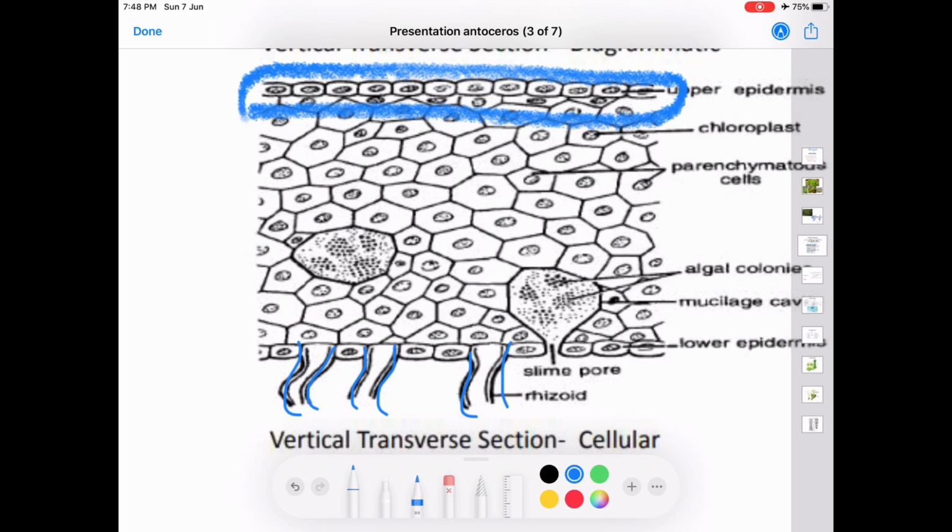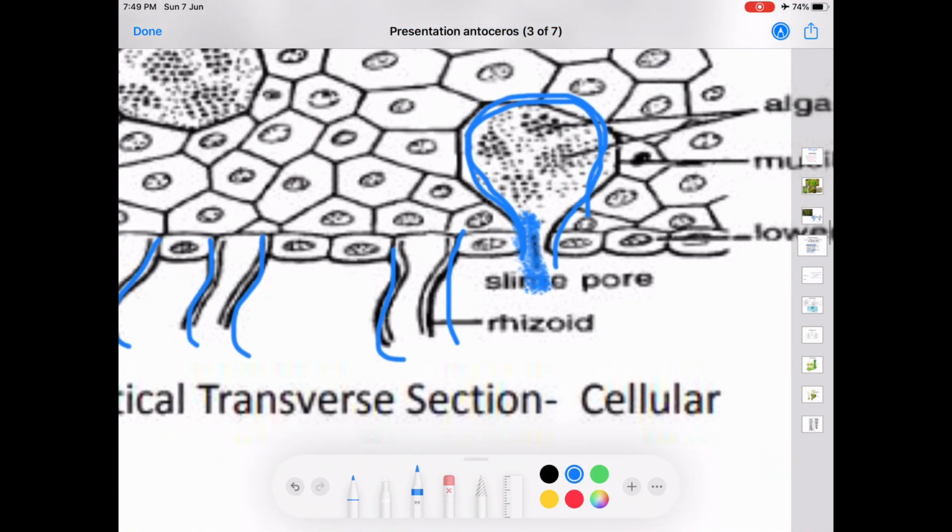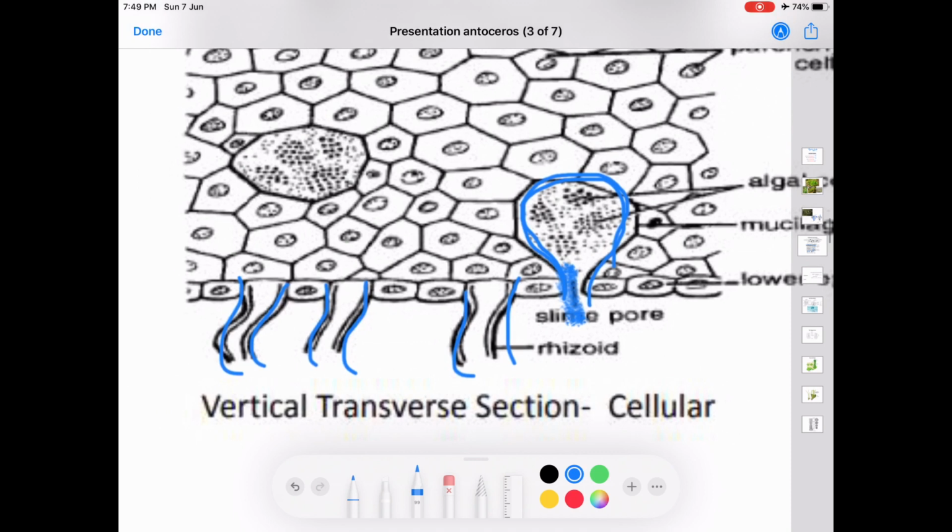On the ventral surface of the thallus, you can see intercellular cavities filled with mucilage. It opens outside through a slime pore. This small opening of the cavity to the outside is known as the slime pore, S-L-I-M-E, slime pore.